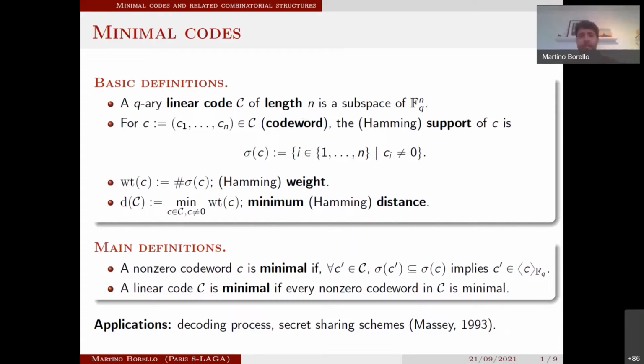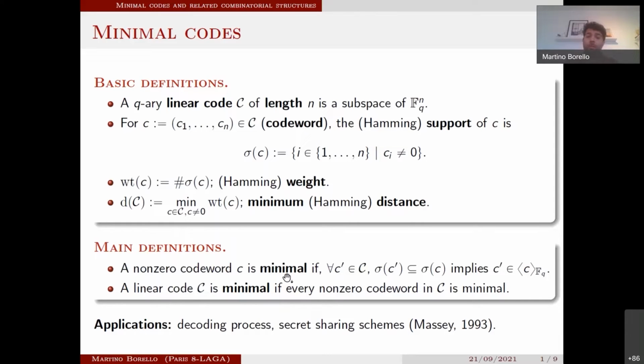This is very classical, and as Elena mentioned, we want to have a code with nice parameters. But this is not the focus of this talk, because we are considering different things, as I will tell you later. We are considering minimal codewords and minimal codes.